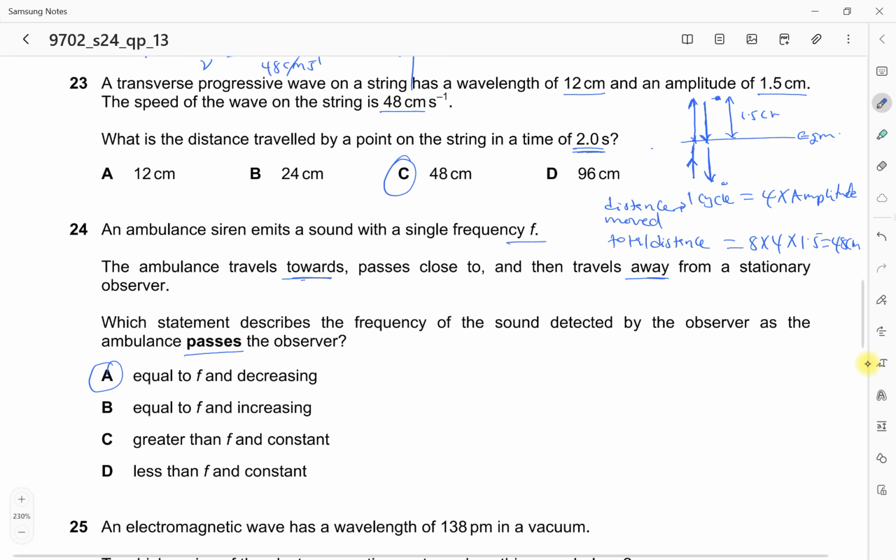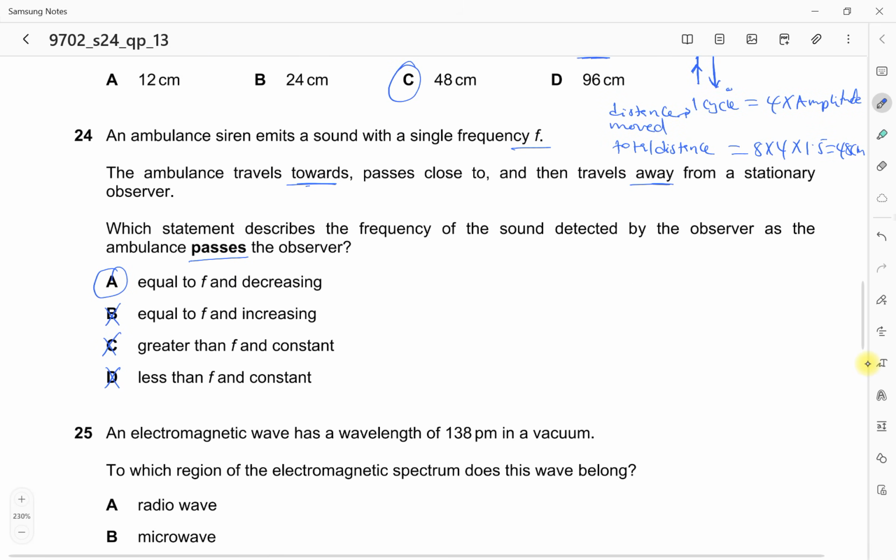When it just passes, the frequency is going to be f, then it starts decreasing. Equal to f and increasing is not right, since it is not increasing when it continues. Greater than f and constant can't be, when it's passing. Less than f and constant is not right either, because it must be starting to decrease. So it is equal to f and decreasing, so the answer is going to be A.